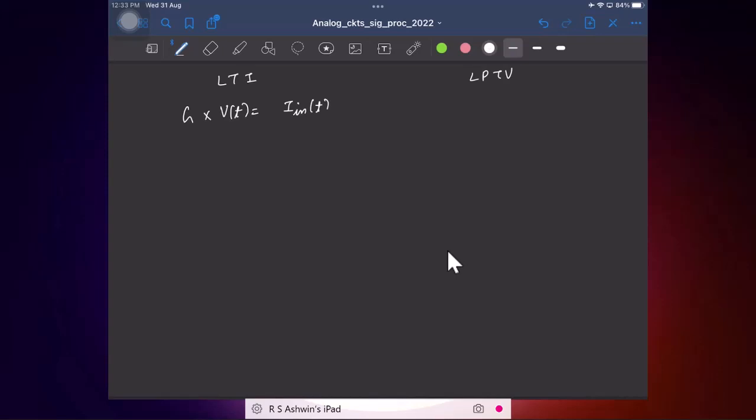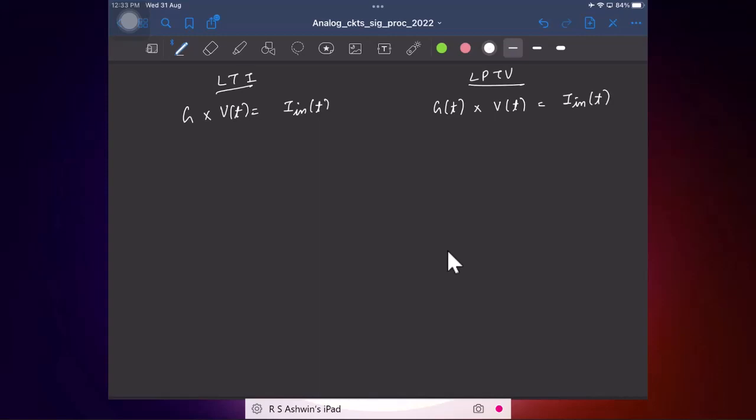But for the LTV case or the LPTV case, you no longer have a fixed G matrix. The G matrix is also varying periodically with time, right? So you need to find what this G of t is. So this is how the formulation will be, right?